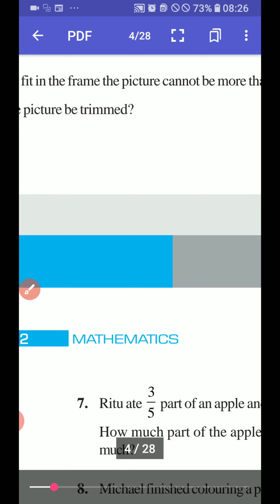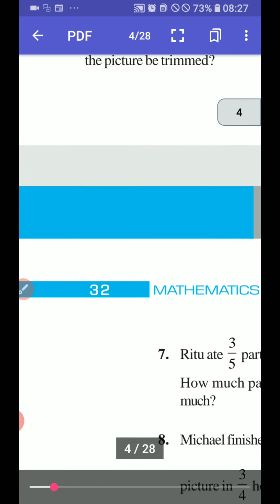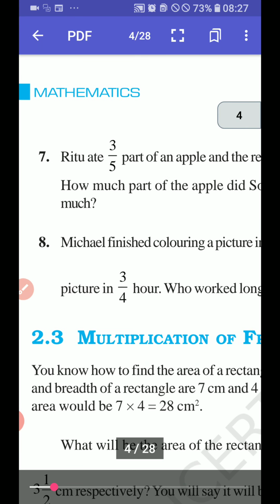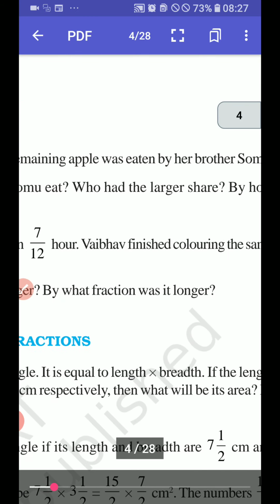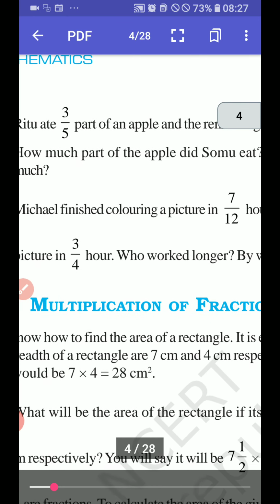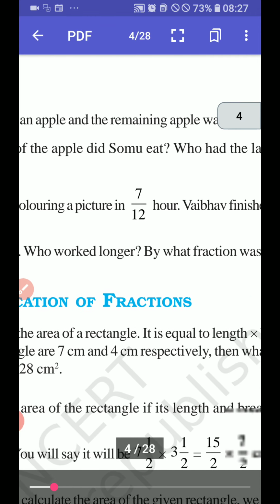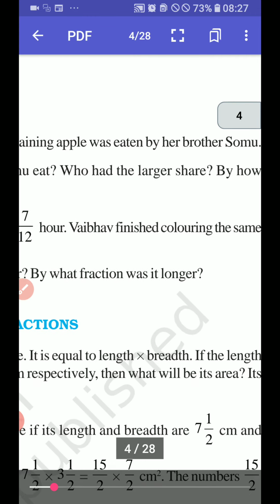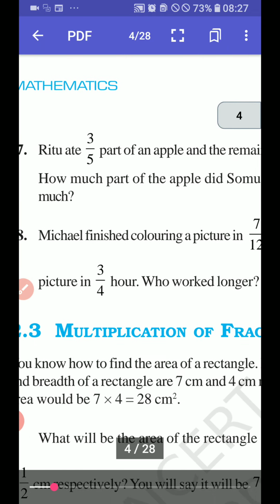Now come to question number 7. Ritu ate 3 by 5 part of an apple, and the remaining apple was eaten by her brother Somu. How much part of the apple did Somu eat? Who had the largest share, and by how much?